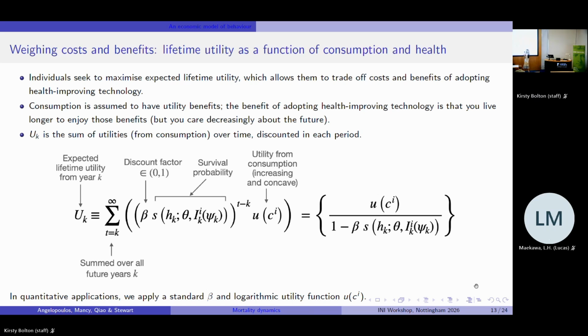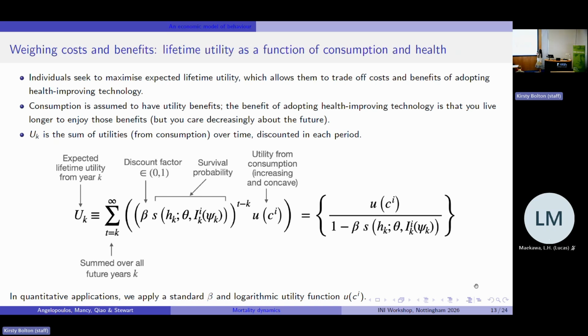So we model that as U_k, the expected lifetime utility from k onwards, and it's the sum of the utilities that you get from your consumption, U(c_i), discounted in each period by the discount factor and whether you've survived. And because we've set it up that way, that's a geometric series, and so we can compute the sum. Doesn't matter too much what this looks like, but it's possible to get an analytic solution in this particular case.